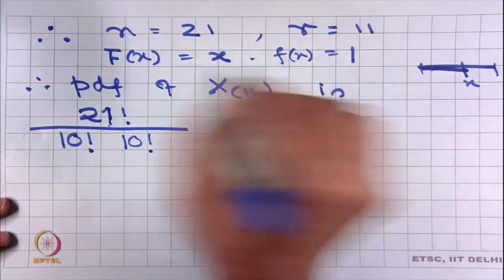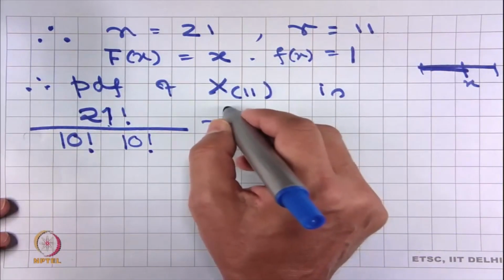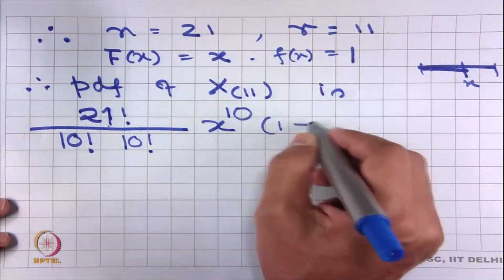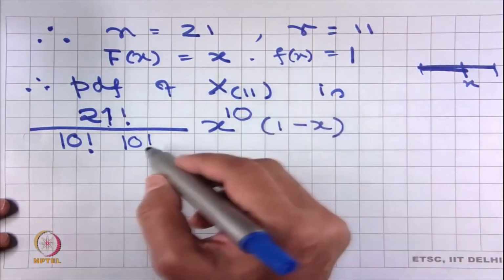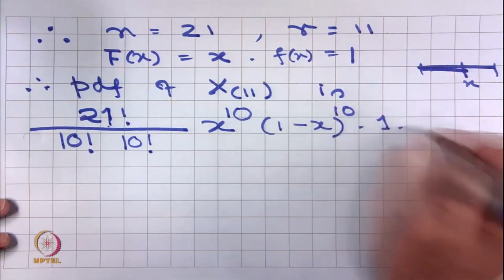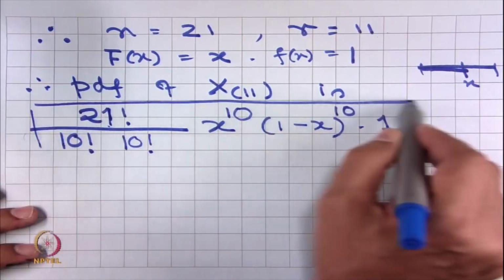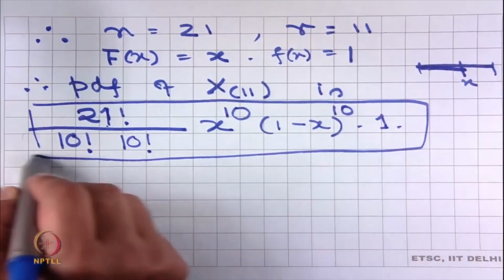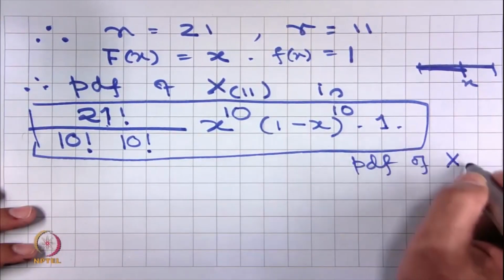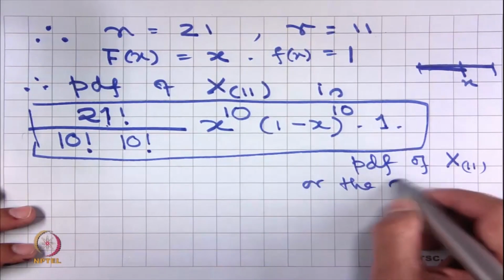What is F x? Capital F x is x, therefore x to the power 10, 1 minus x to the power n minus r, which is 10, multiplied by f x, which is 1. Therefore, this is the PDF of x 11 or the sample median.